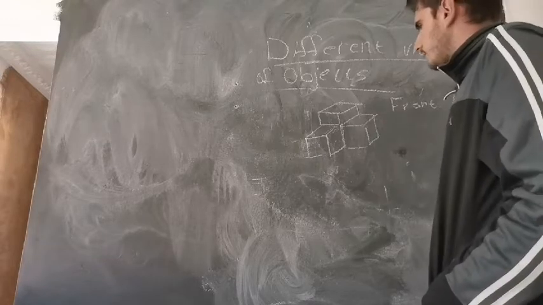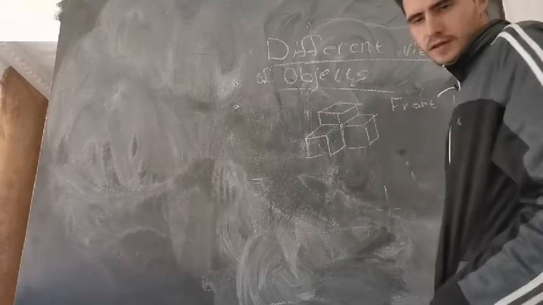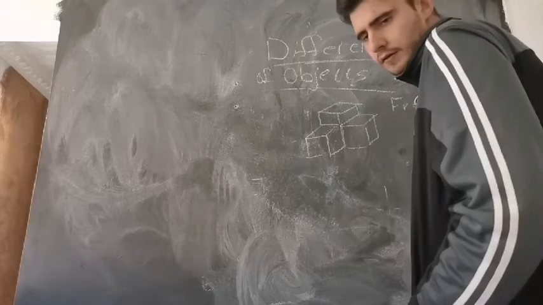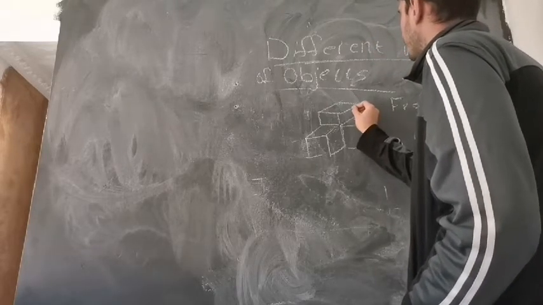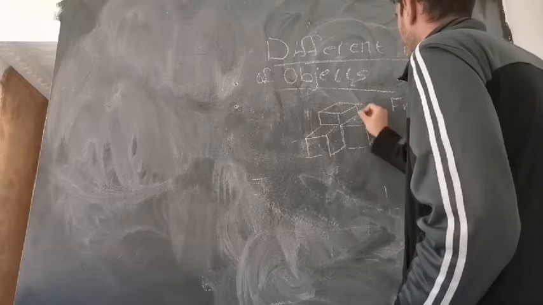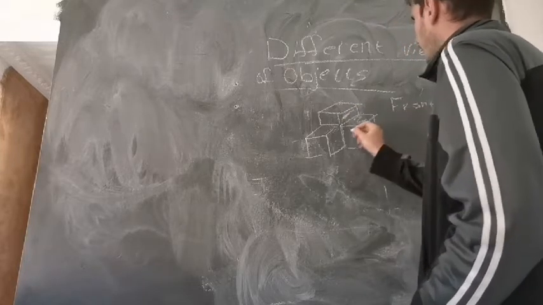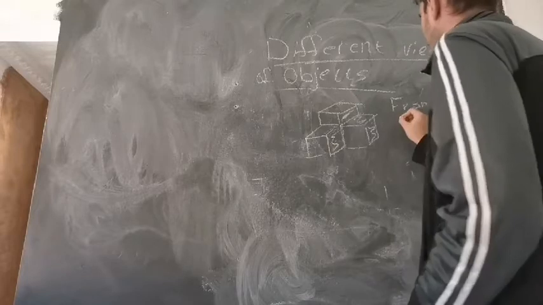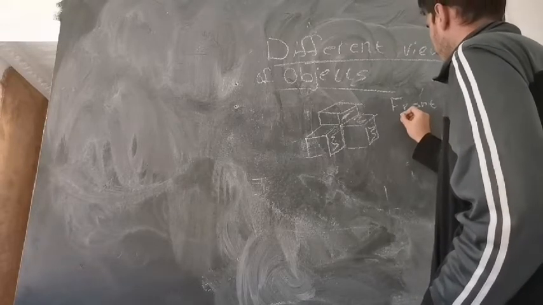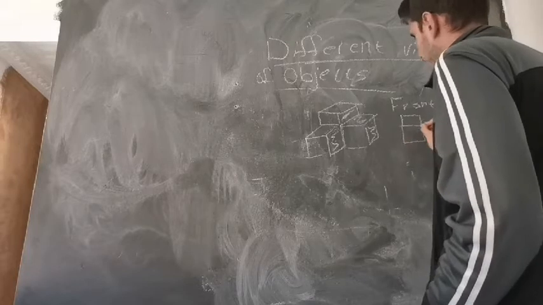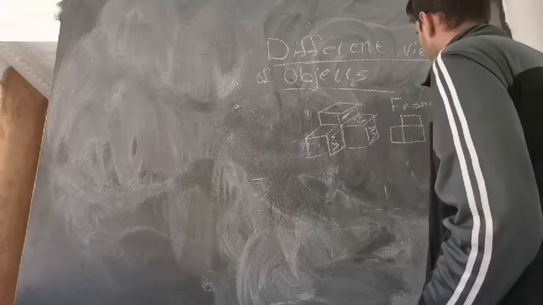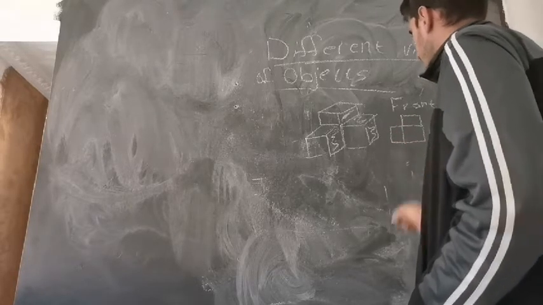From the front, we'll see the following. We'll see this, this, this, and this. So we are going to see 3 things from the front view. So it will look as follows. This is our front view.